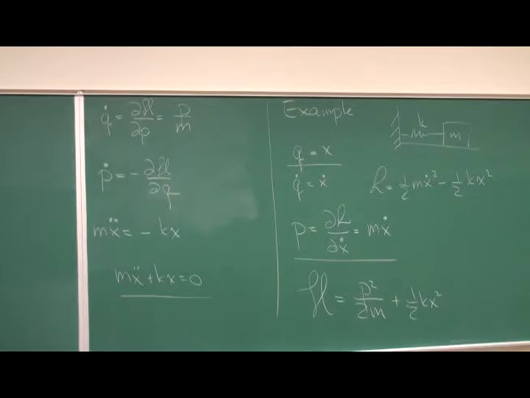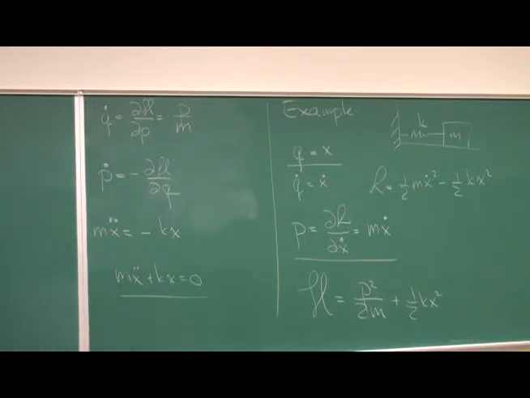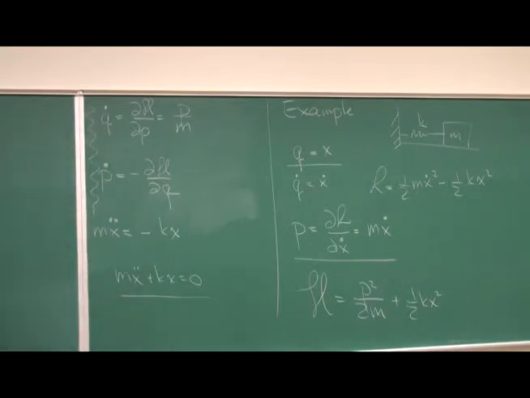And this looks pretty complicated, and I agree, if our only problem was this, there wouldn't be much point in doing it. But in general, it turns out that this is a very, very powerful way of solving mechanical problems. So this is really what you need to remember in the end, is how to form the Hamiltonian in terms of Q's and P's.